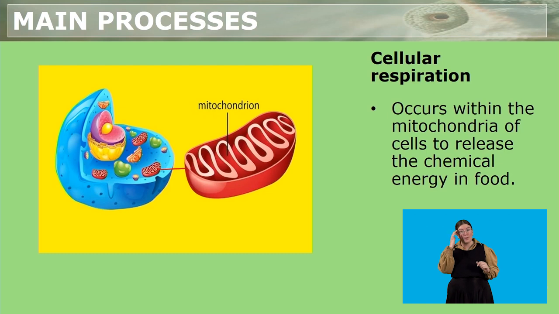We know that it releases chemical energy in food. Now, we by now should know that we need food to help with processes that happen in our body, because the food contains nutrients, and this is what helps give energy to all the processes that are taking place in the human body.